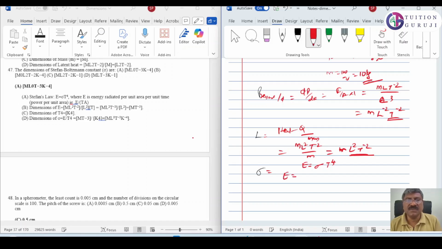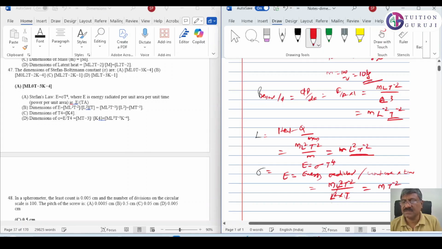So E is equal to the energy radiated per unit area per unit time. That means M L square T raised to minus 2 divided by L square into time. L square and L square will get cancelled, then M T raised to minus 3.